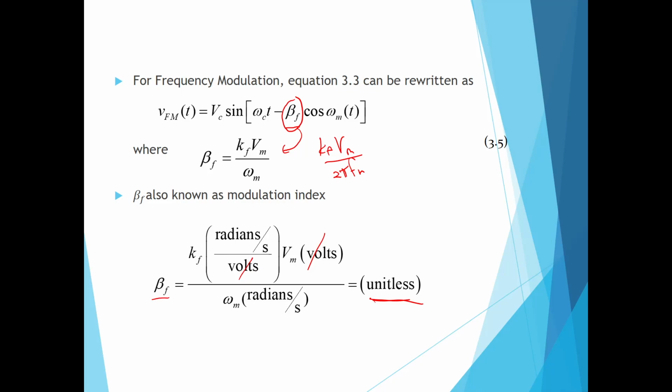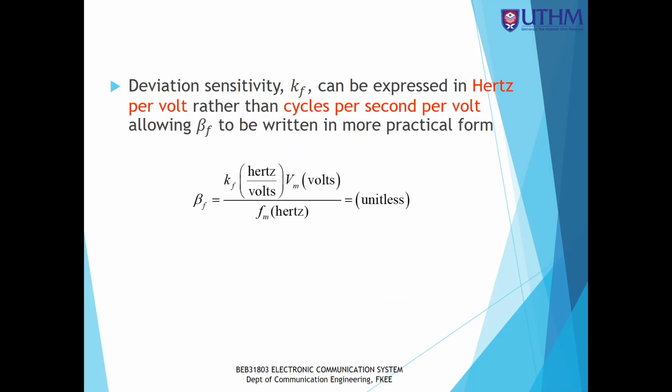Beta F can also be written as Kf Vm over fm, but in this case, Kf is in hertz per volt.